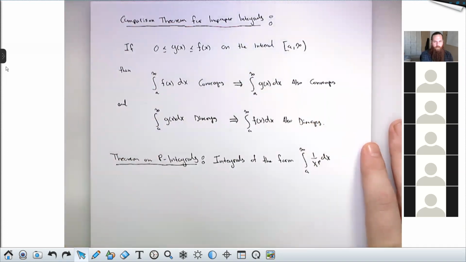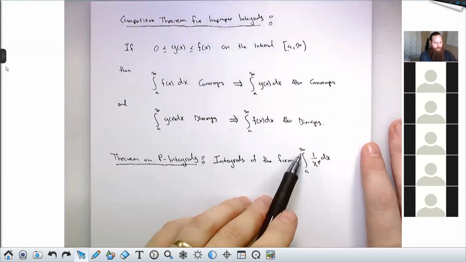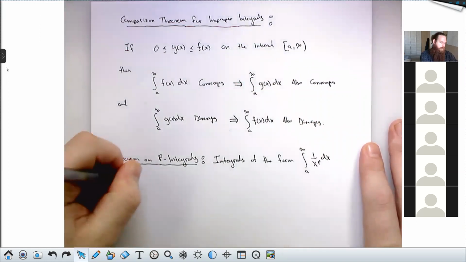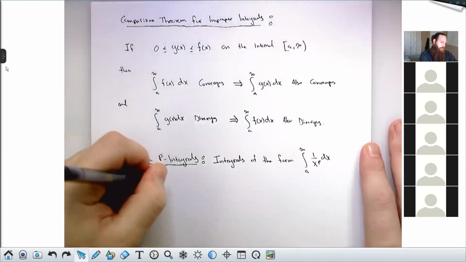So integrals of the form integral a to infinity 1 over x to the p dx are called p integrals.